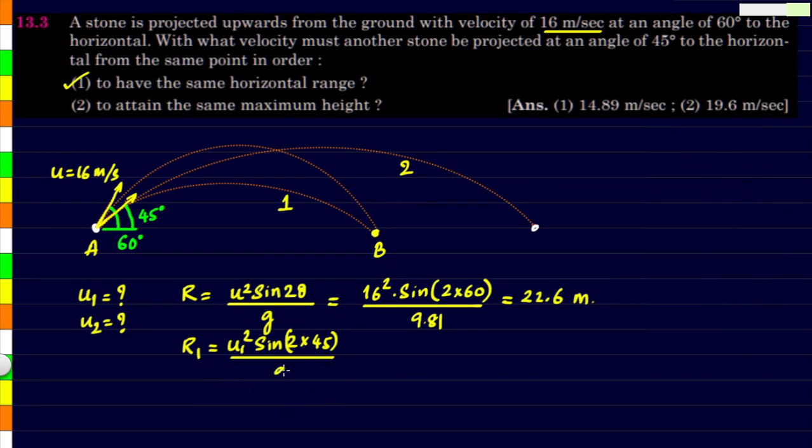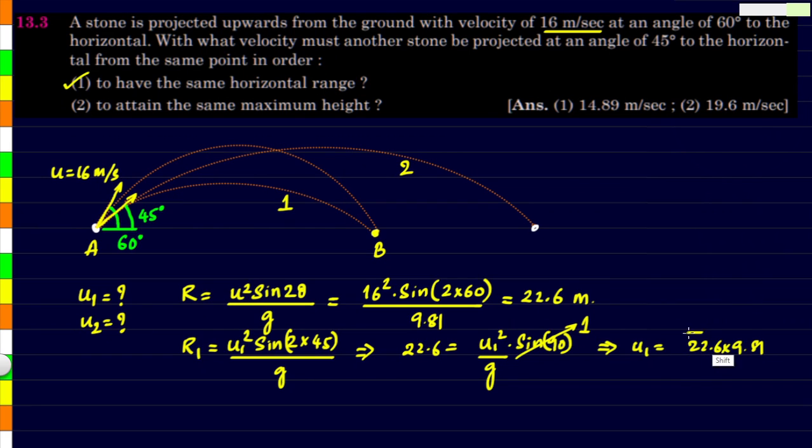So 22.6 equals u1 square times sine 2 times 45, that is sine 90 degrees, which is 1, divided by g. So u1 will be the square root of 22.6 into g, that is 9.81.